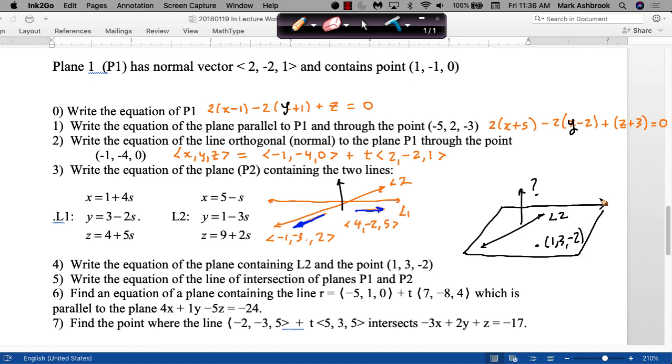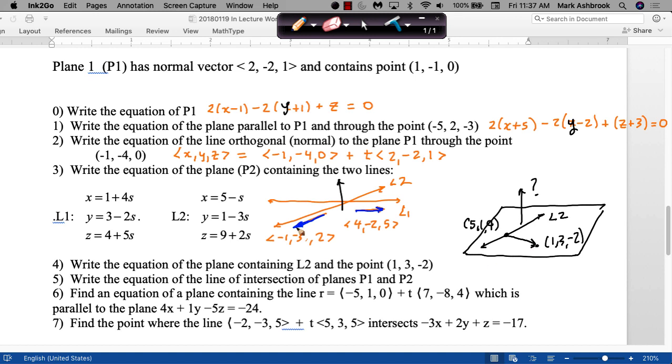Ellie, tell me. Use the initial point for L2 and create a vector with that extra point. Right, so my initial point is 5, 1, 9. I can create a vector from 5, 1, 9 to 1, 3, 2, right? Do I have another vector parallel to the plane? L2?